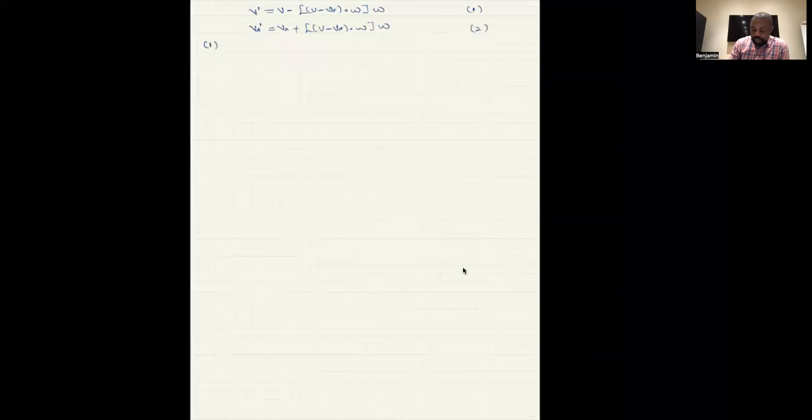Subtracting equation 2 from equation 1 gives the following. V prime minus V star prime is equal to V minus V star minus 2 times V minus V star dot omega times omega.